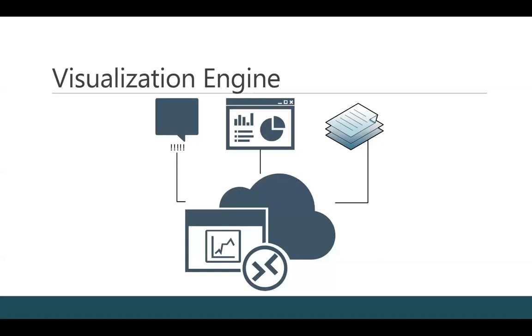Typically, the historical data ingestion and visualization engine layers are run on two different pieces of hardware in an on-prem environment. So as we discussed, there's a couple ways that the data can be consumed.